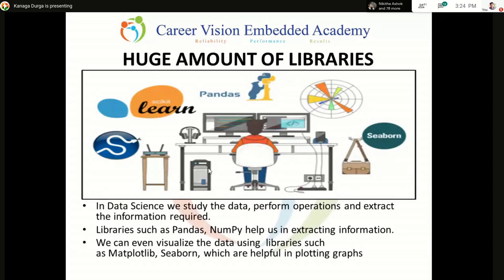Next, the huge amount of libraries. Let us first understand what data science is. Data science is nothing but having huge amounts of data. That data can be, for example, your employee records. So you have a large amount of data with you, and you need to perform certain operations on this data and extract information.